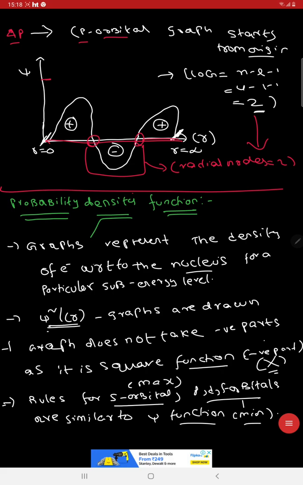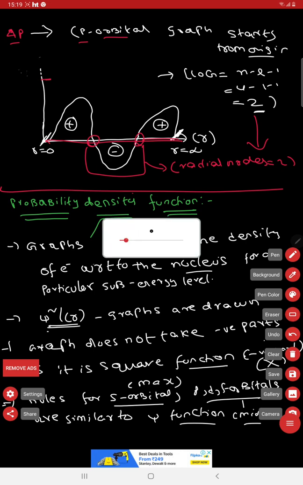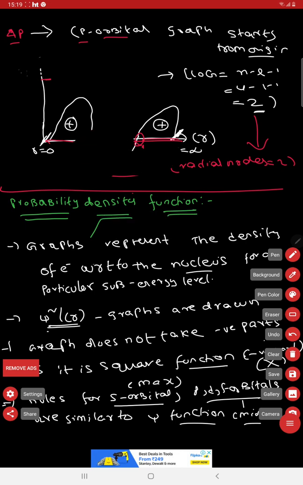The reason is the same: the density of electrons decreases from the center, so we are considering it like that. So hence let's start drawing the graphs. I will draw one by one here. Yes, for the 4p graph only I am drawing. See, one minute. For the same 4p graph I am drawing.